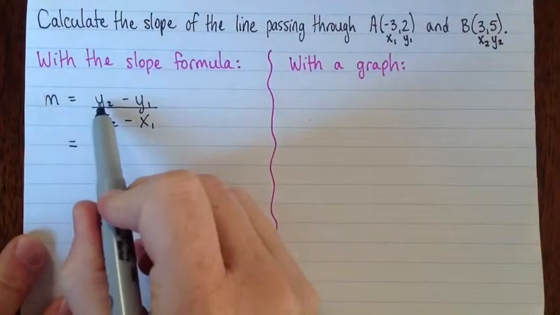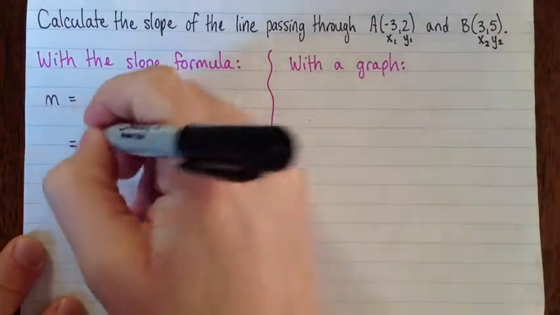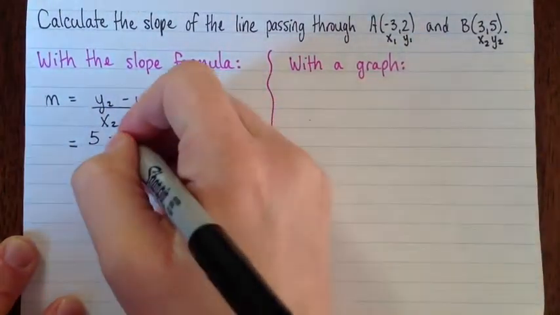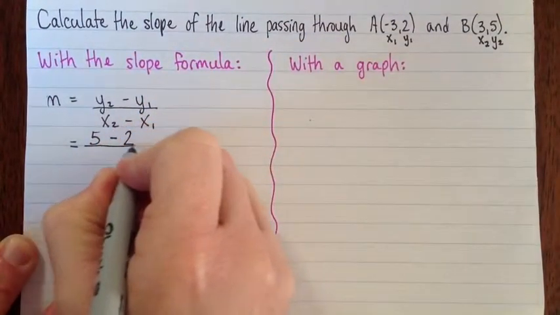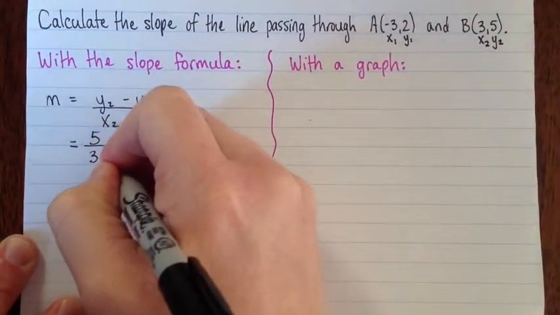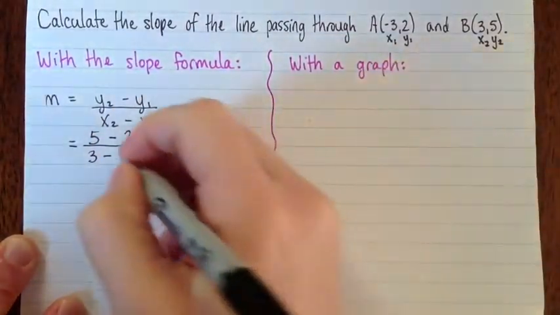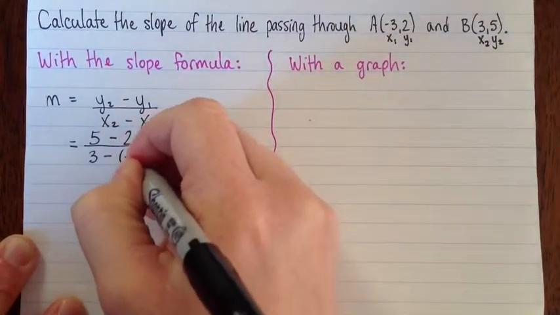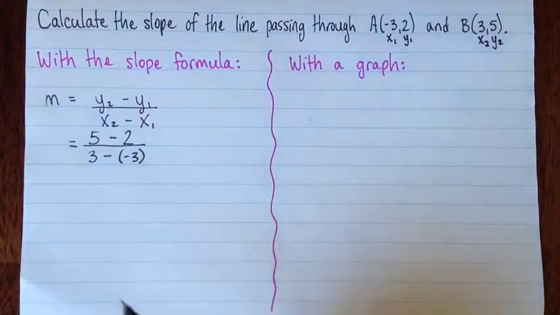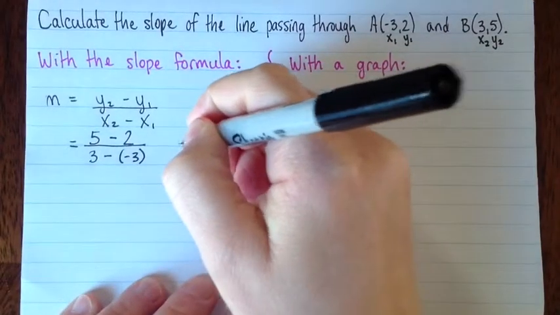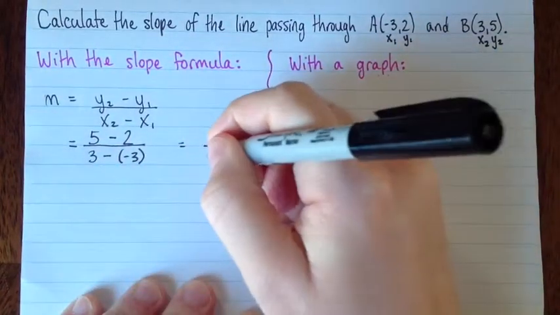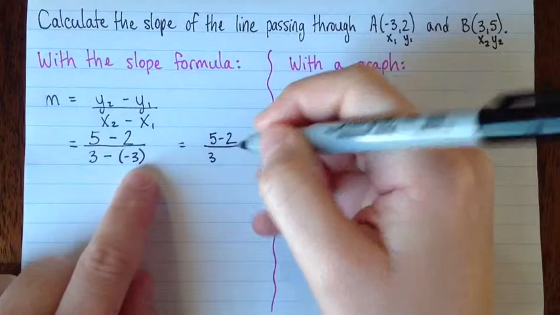Alright, so we've got y2, so that's 5. Subtract y1, so that's 2. Divided by x2, so that's 3. Subtract x1, so that's -3. So be real careful if you've got a negative number, that you substitute that number in brackets. If you like, here you can write down this extra step, just remembering that subtracting a negative number is the same as adding the positive.